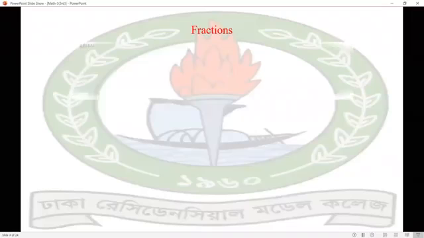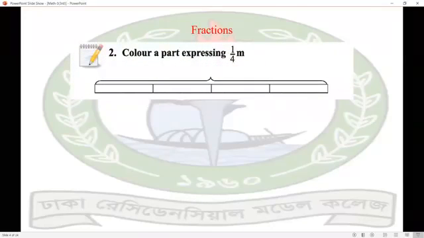So in the next math, we see that we have to color a part expressing 1/4 meter. You have to color it. So at first, we choose a red color for coloring. We express in 1/4 meters. From the beginning to the end, this is 1 meter. It is divided into 4 equal parts. So every part contains 1/4 meter.